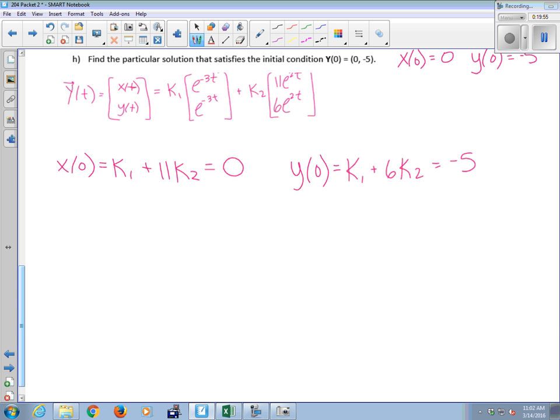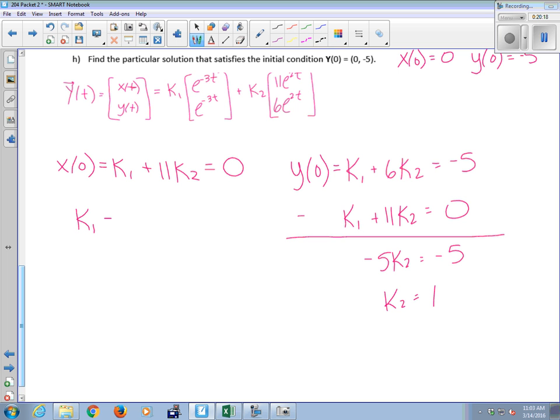All right, so let's finish solving this. I'm going to do a quick elimination because I've got K1 in both equations. I'm just going to write the first equation under the other, subtract them. 6 minus 11 is -5, K2 is -5, so K2 has to be 1.